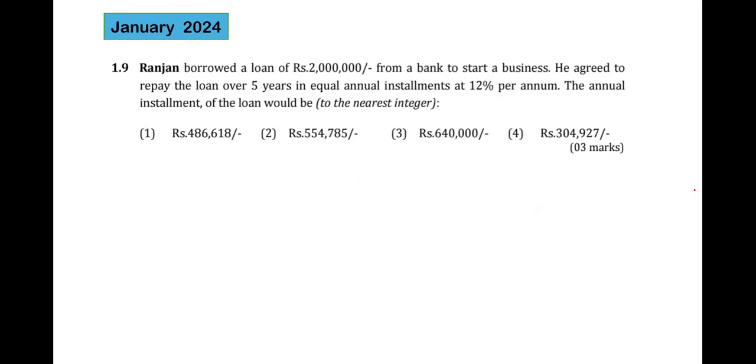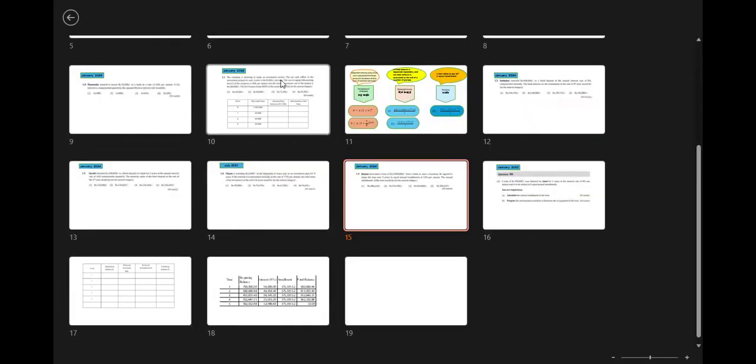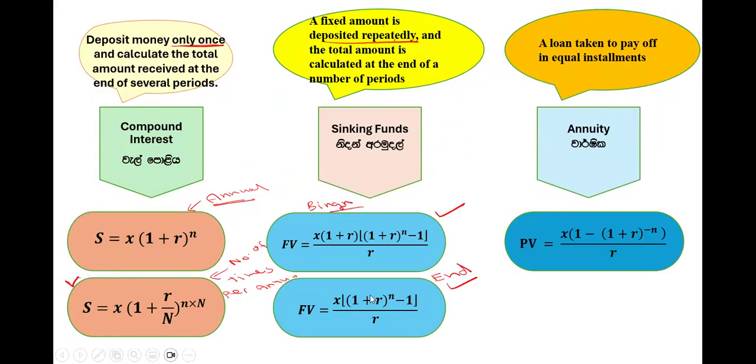Now what will we do? Annuity: a loan taken to pay off in equal installments. If you get a loan and recover it using equal installments, it is called an annuity. Then you can use the annuity formula.